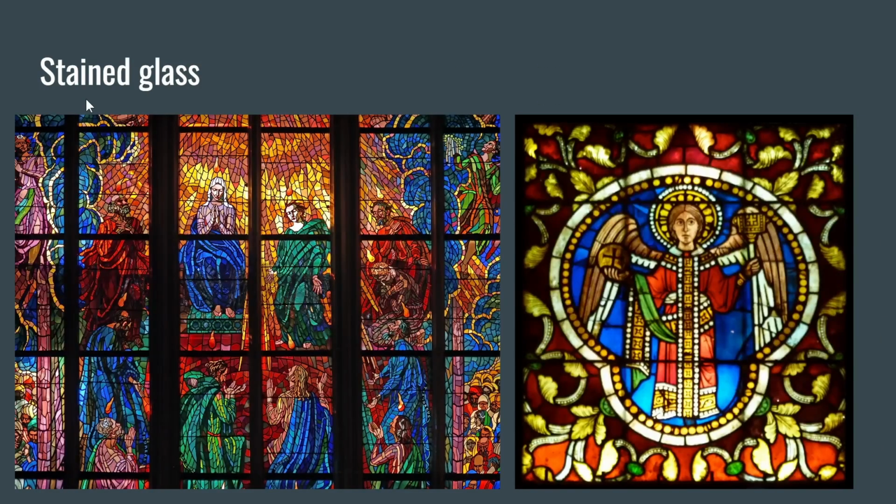Okay, and stained glass. I'm sure you all have seen this before, or know about it at least. These stained glass windows are very common in Gothic architecture, and they serve mostly an aesthetic purpose. First of all, it's like a painting, right?